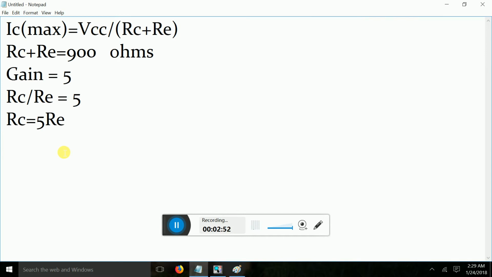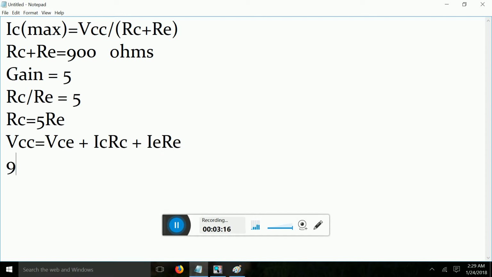So we can write VCC equals VCE plus IC RC plus IE RE.